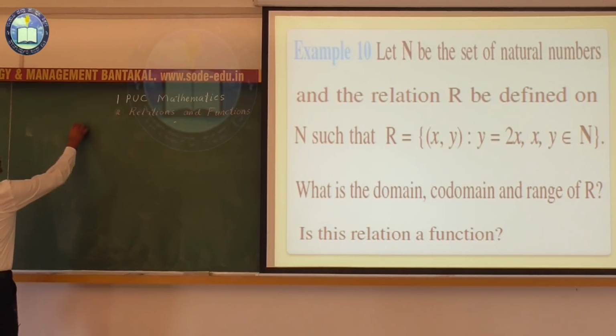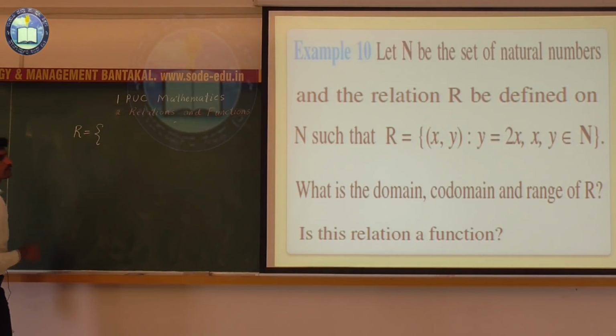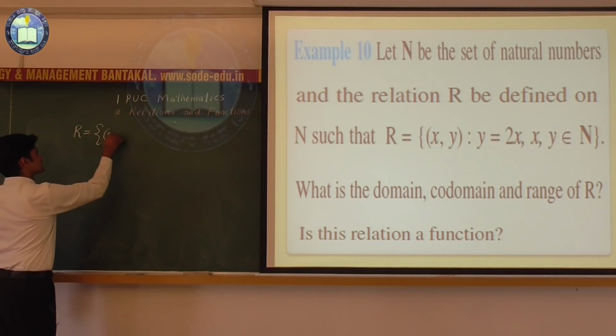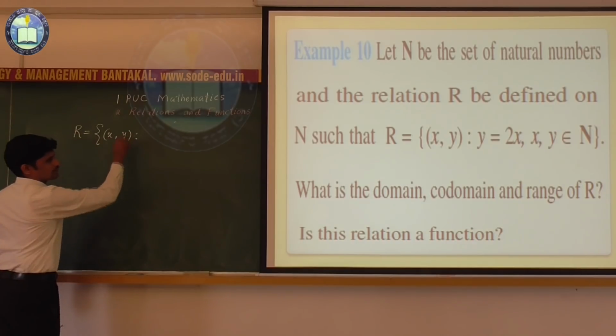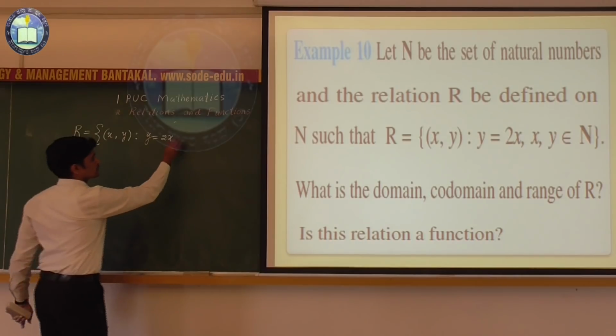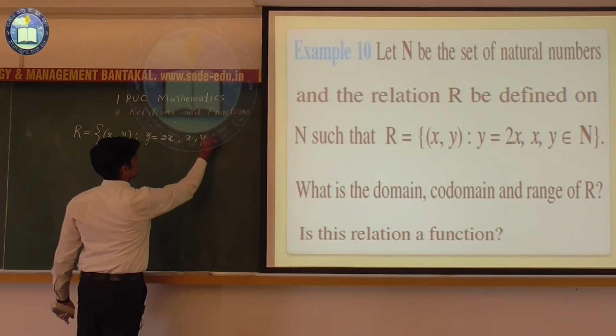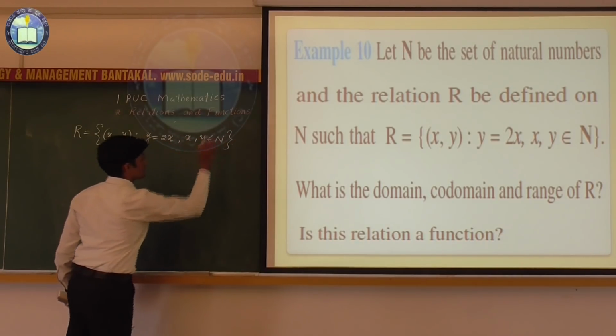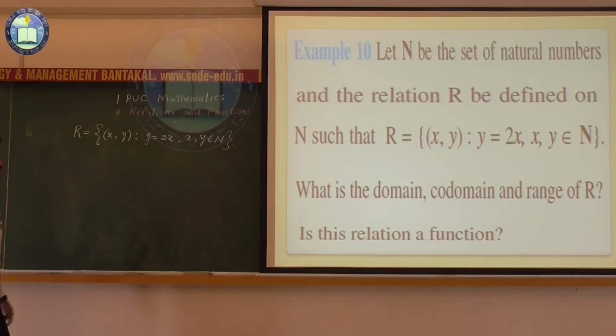So relation R is given by the set of all (x, y) such that y is equal to 2x, where x and y are elements from the set of natural numbers.